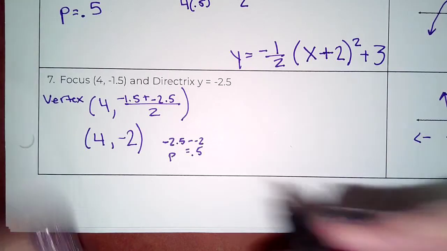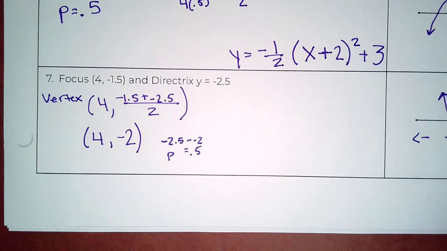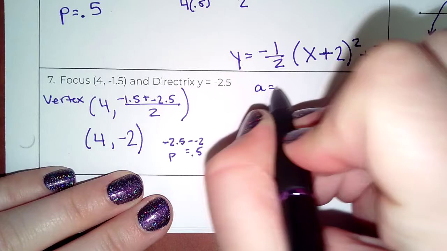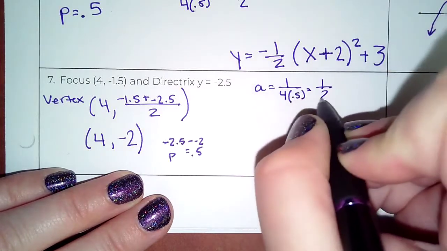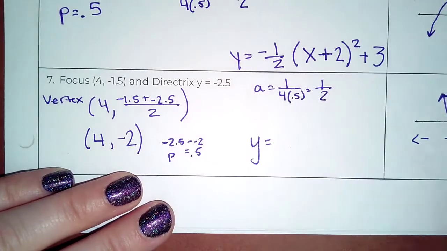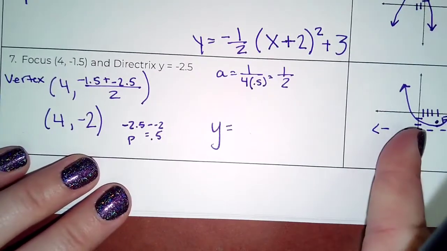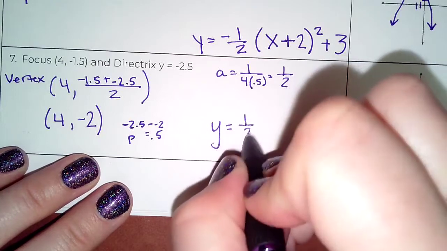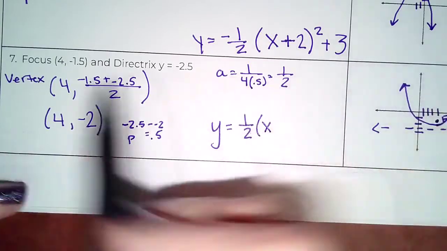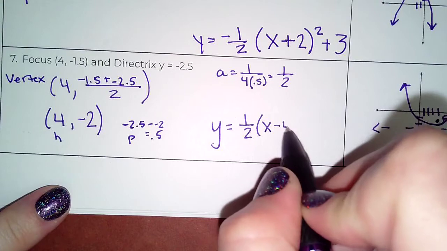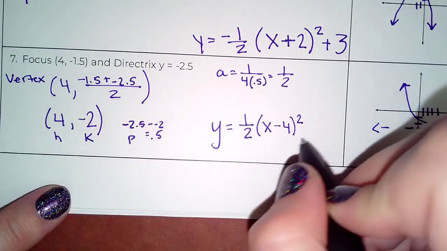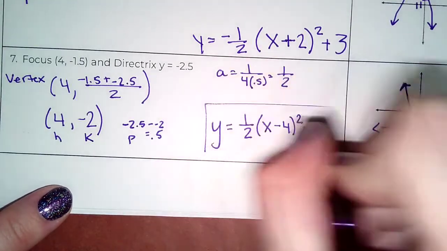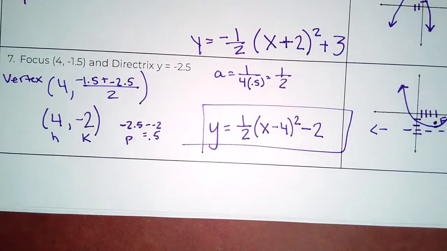So a equals 1 over 4 times 0.5, so 1/2. It's positive, so I know it's just 1/2, not negative 1/2. y equals 1/2 times (x minus my h, which is 4) squared, plus my k, so it's really plus a negative 2, which I can just put as minus 2. There's my equation.